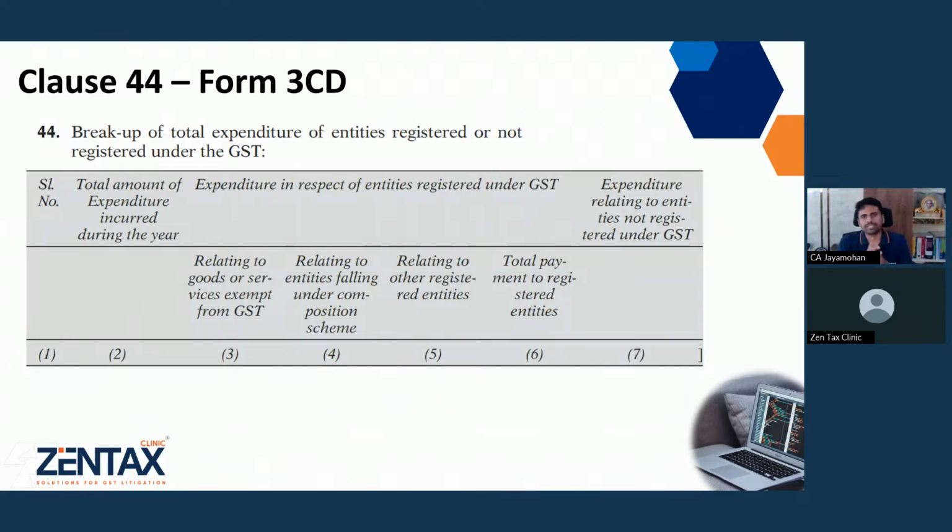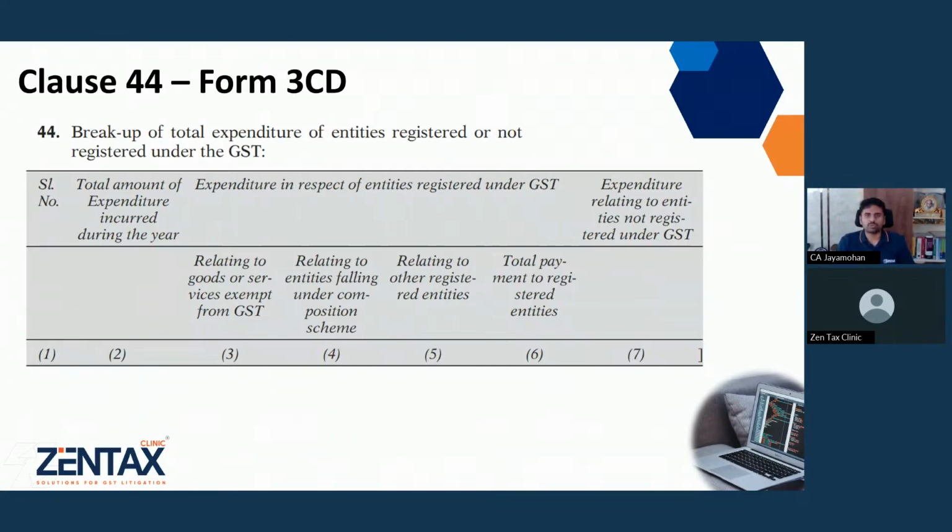You can bifurcate it under two heads. Either the expenditure is incurred with respect to GST registered suppliers or suppliers who are not registered under GST. Under the registered category, you have the composition dealers, you have the exempted entities, you have the registered entities.